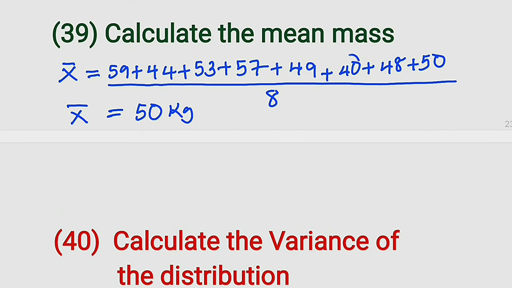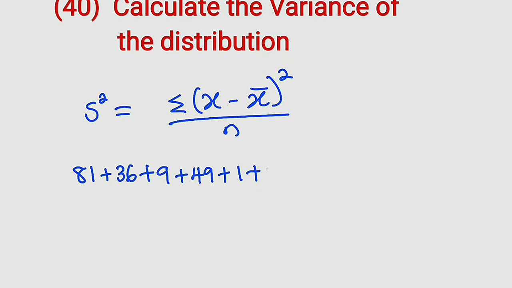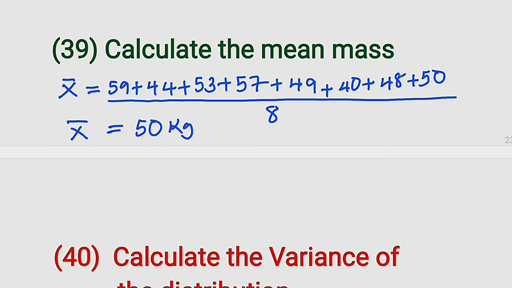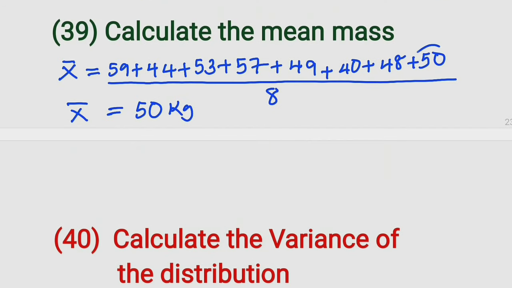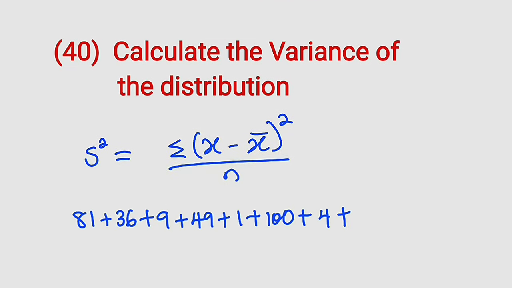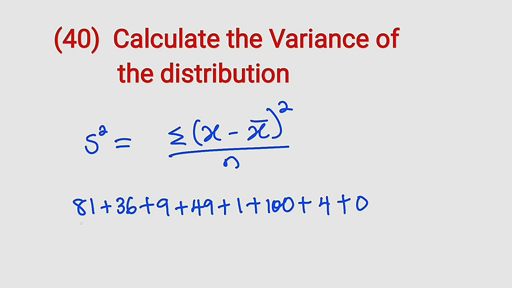Next, 40 minus 50 is negative 10. Negative 10 squared is 100. 48 minus 50 is negative 2. Negative 2 squared is 4. And lastly, we take 50 minus 50, which is 0, as 0 squared is 0.